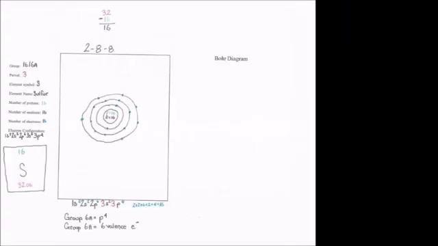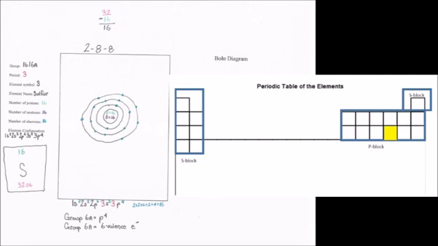So as we take a look at sulfur, sulfur now is in group 16 or 6A. We are in period 3. Our element symbol is S. We have 16 protons. If we do the math to figure out how many neutrons we have, we look at our atomic mass, which is 32.06.